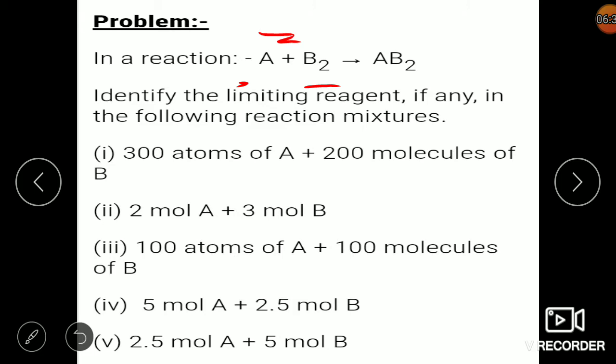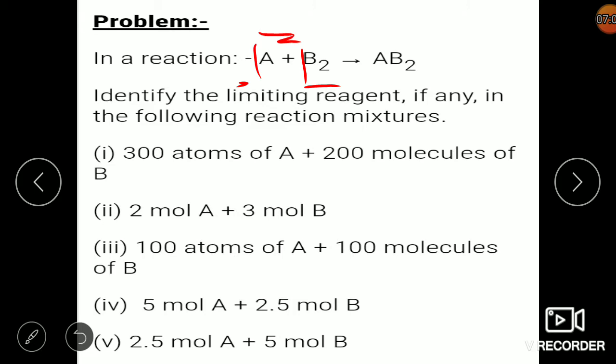In one case you have an atom and the other reactant is a molecule, but don't confuse that A is 1 and B is 2 because B2 is in the formula. The mole is the same. Here the coefficient is the same, 1 and 1, so the mole is the same whatever the formula. So 300 atoms of A, 200 molecules of B, which one will be the limiting?